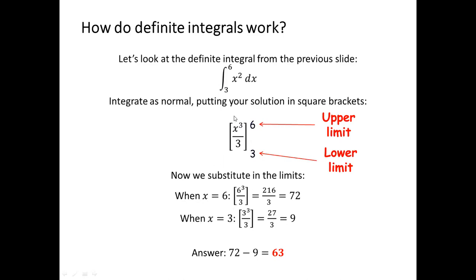So the value of this answer that you got will be subtracted: the value at the upper limit minus the value at the lower limit, substituted into the answer of the integral, will give you the specific value of the integral itself. So now your answer for the integral of x squared from 3 to 6 will be 63. So you did not answer x cubed over 3 plus c, but rather you answered a definite value.